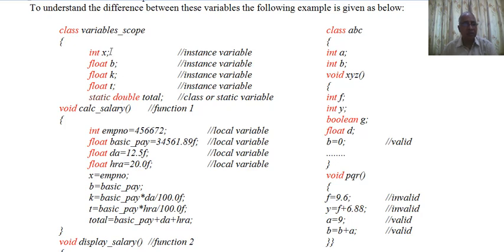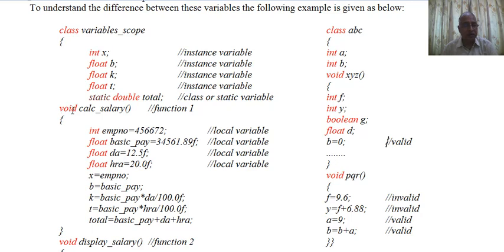So these are the types and these are the variables. Static is the keyword used to declare a class variable. So x, b, k, t are the instance variables and total is a class or static variable. Now the difference I will explain to you one by one.